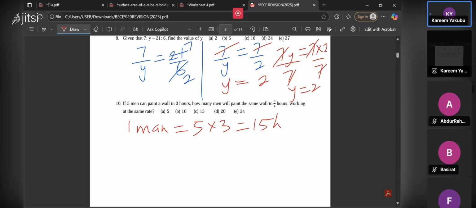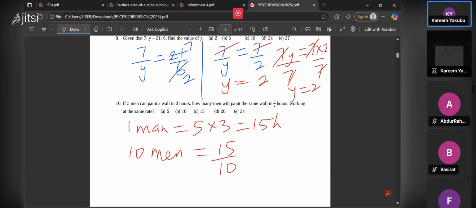I think the question is this: how many hours will 5 men or 10 men take to do the same work? Let's say, for example, 10 men. That's another way of asking the question. 10 men will take 15 divided by 10.